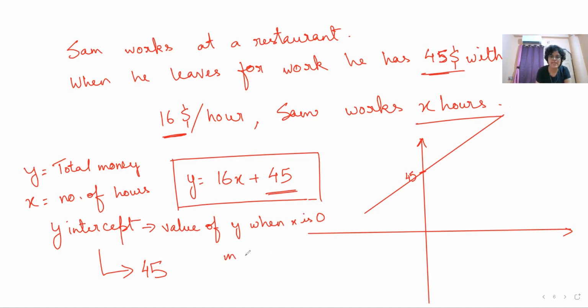And here m is 16, which means for every unit increase in his working hours, which means for every extra hour he works, his income increases by $16. Let me say it again, or write it again. So what does slope mean?